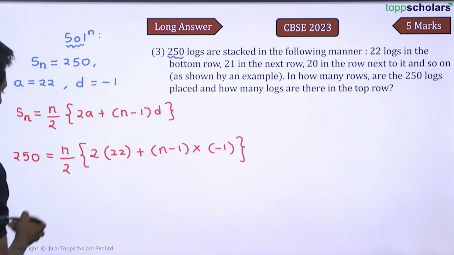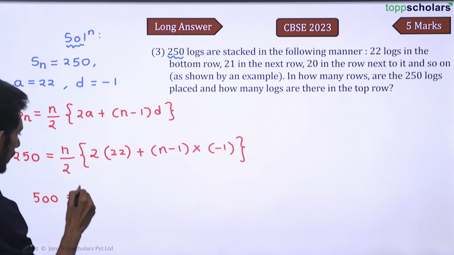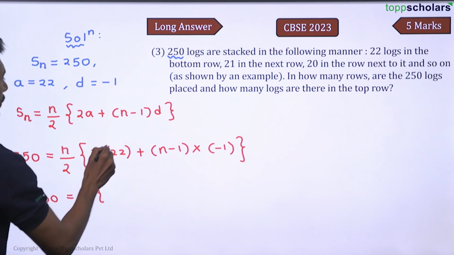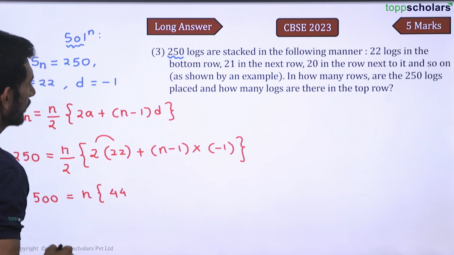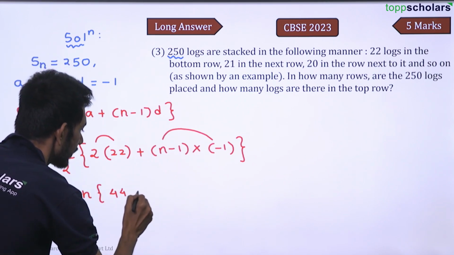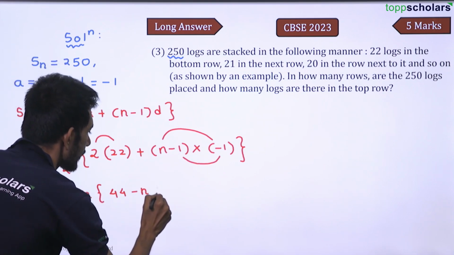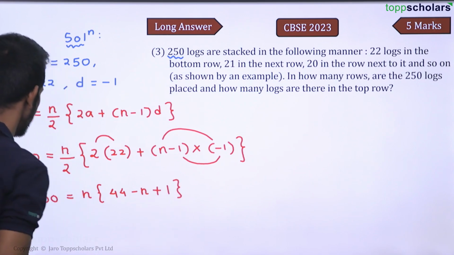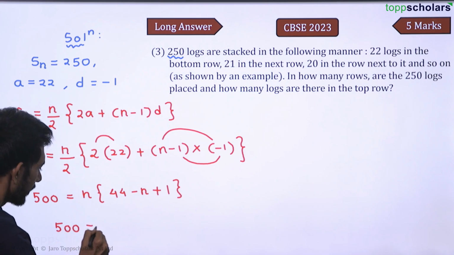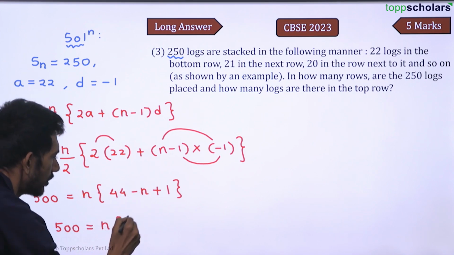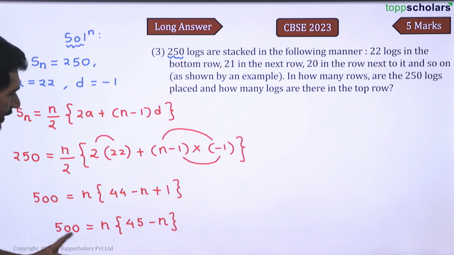So 2 goes on the other side. 250 into 2 is 500. So 500 is equal to n into 22 into 2 is 44. -1 into n is minus n. -1 into -1 is +1. So this becomes 500 is equal to n into 45 minus n. I hope you are understanding this part.